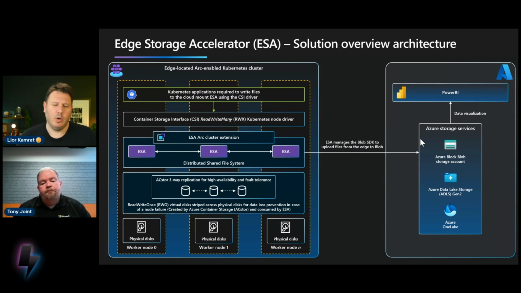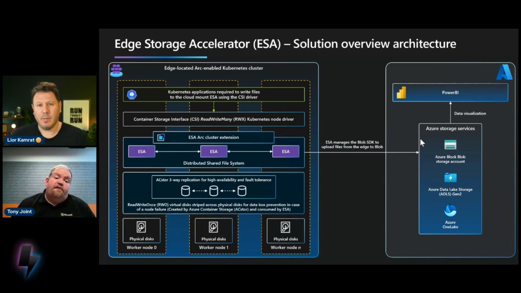So, if I'm reading the diagram we're seeing here correctly, the files that are getting written into the volume, at the end of the day, ESA is responsible for taking those files and converting them into a blob format and putting that in a blob target, or a blob destination. Yeah.